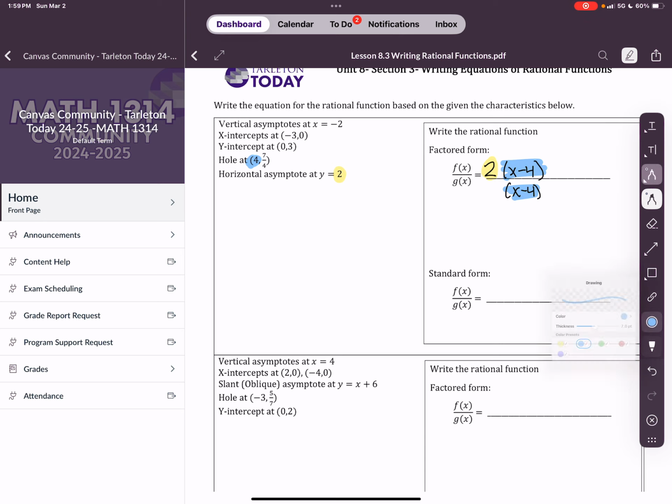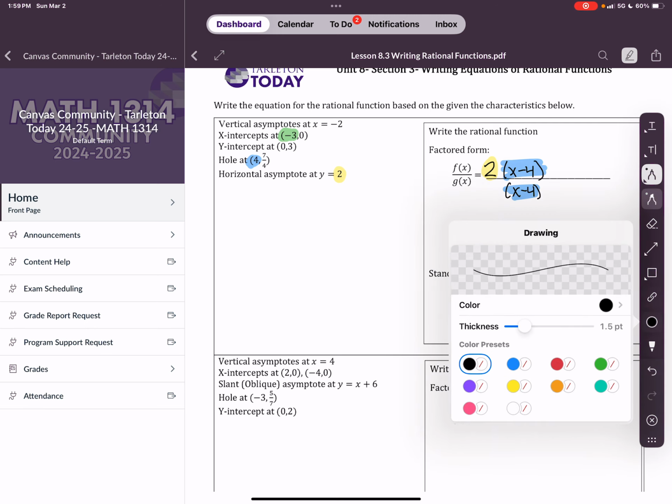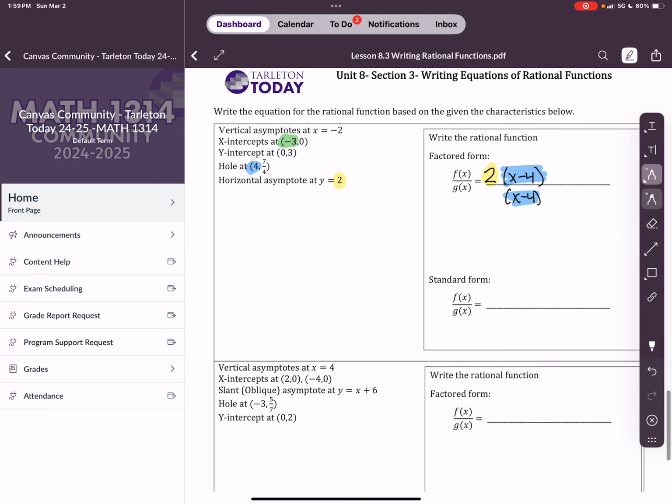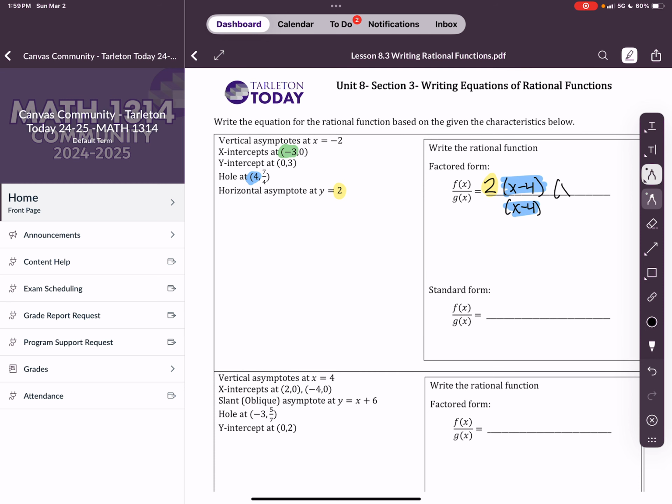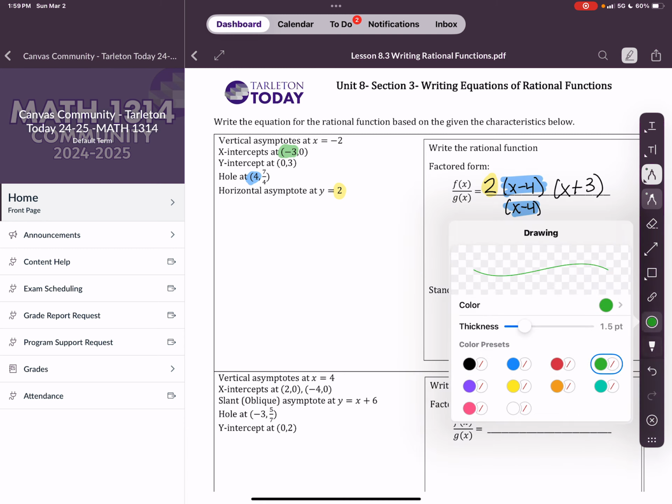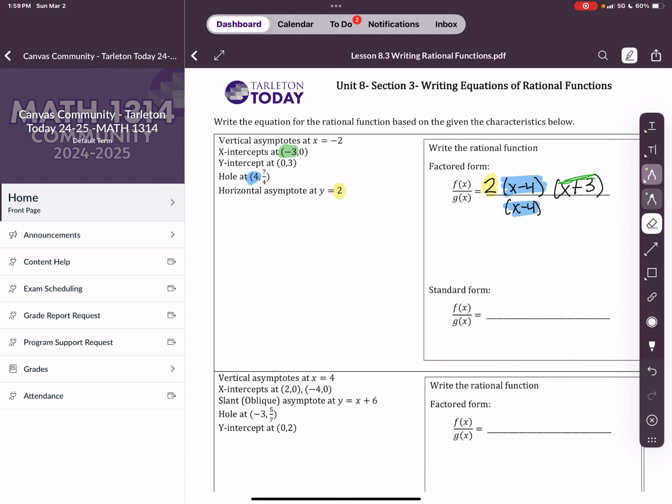Our x-intercept is negative 3, so we know it's going to have to be, sorry, x plus 3, because, again, the x-intercept is negative 3. So the way that we would write that is x plus 3.